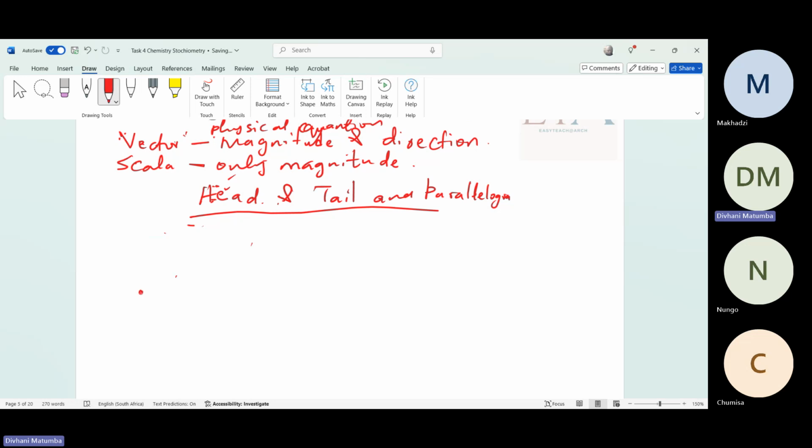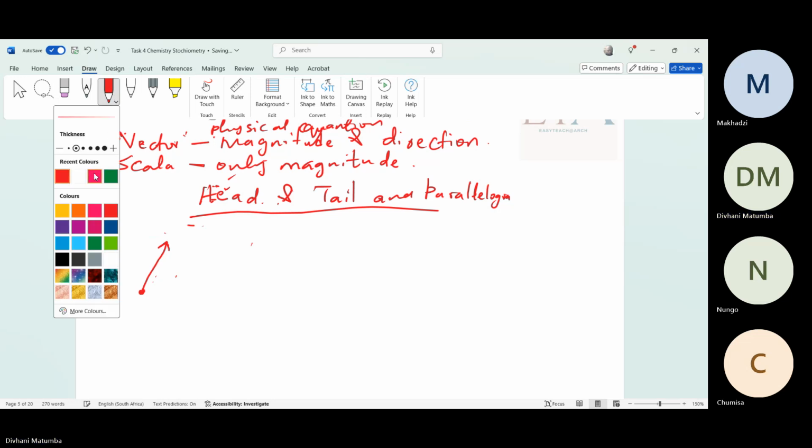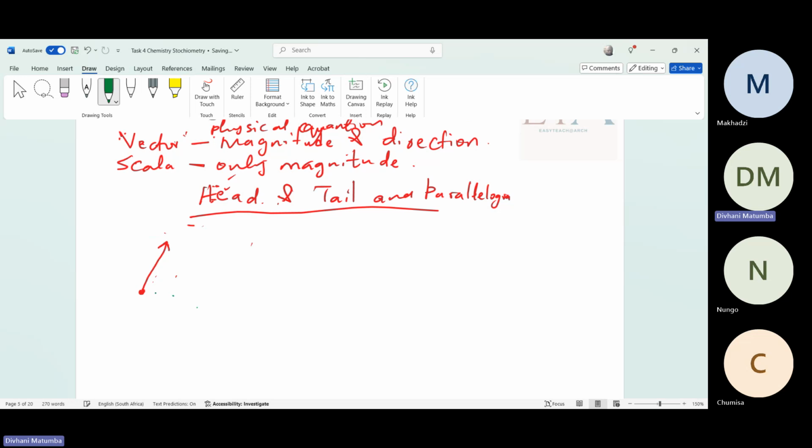Let's say we are given the following vectors. The first vector goes in that direction. And the second vector, let me change the color to make it a bit different. Let's say another vector goes in that direction horizontally.